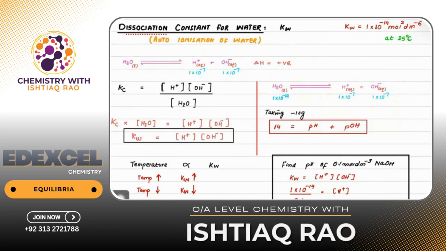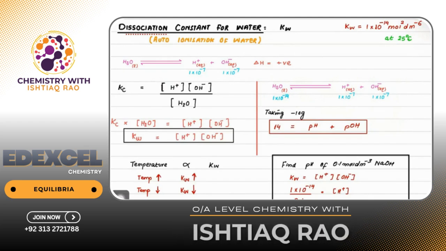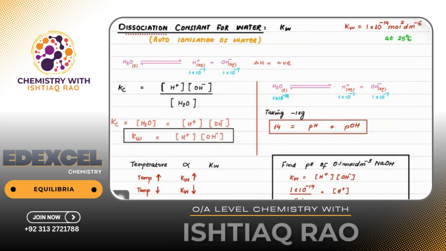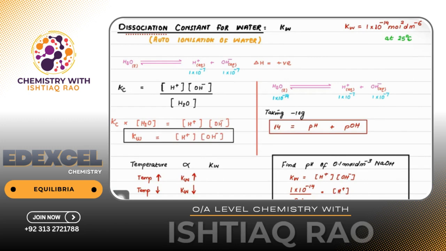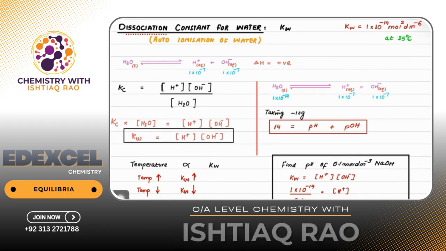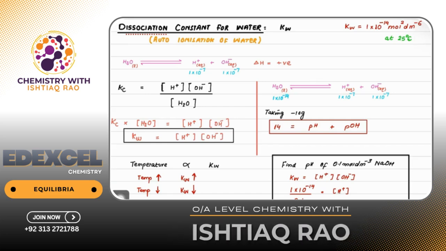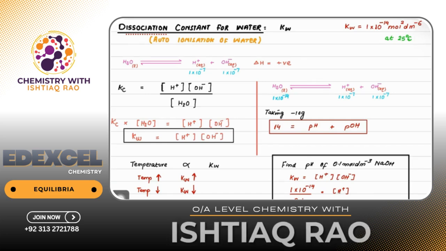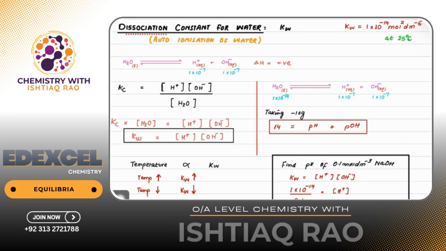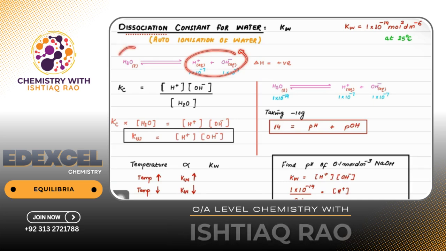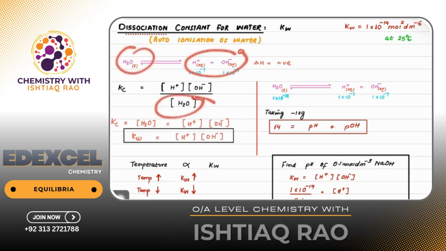Or else, if you remember when we used to talk about the Kc value, Kc is equal to the concentration of product divided by the concentration of reactant, product upon reactant.